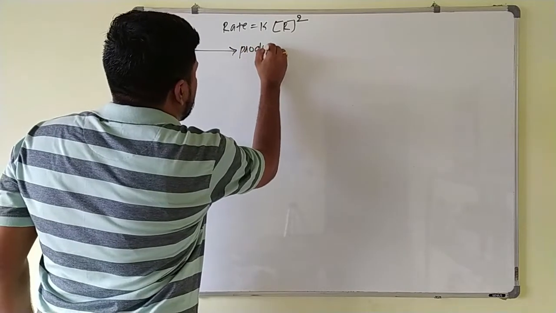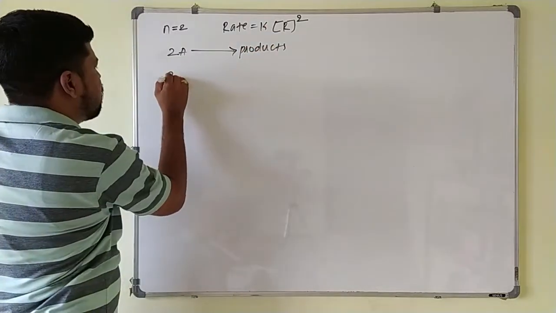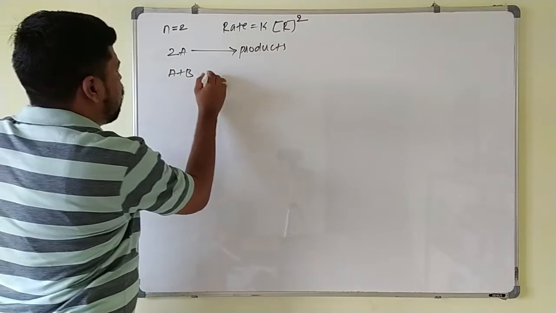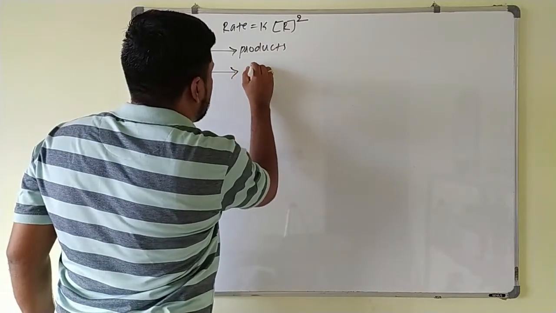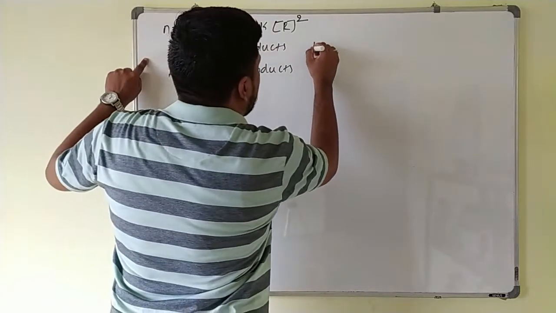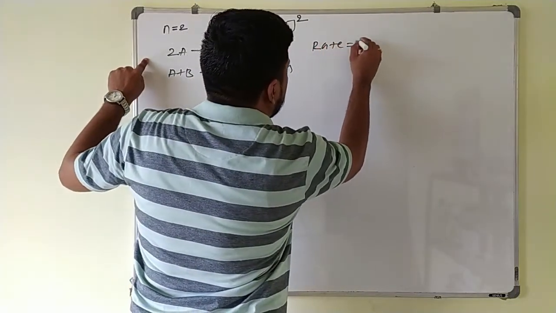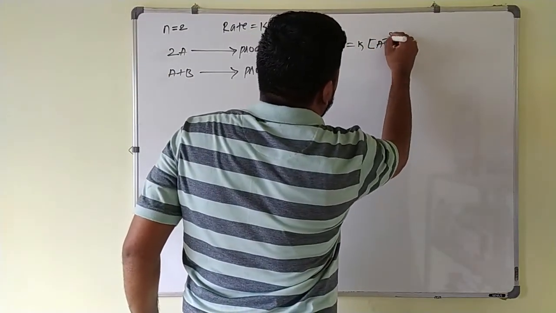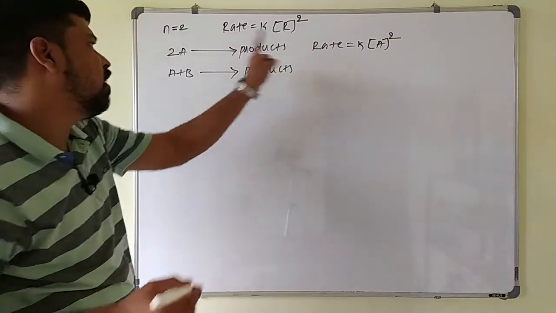You can write like this also, or else A plus B giving products. For this reaction, rate equation can be written as rate is equal to K into molar concentration of A power 2, because it is second order reaction.